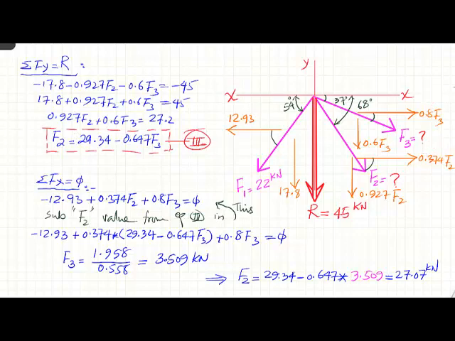As you can see in the equation, this is negative, positive, positive, and then we will substitute for the value of F2 from equation number 3 as mentioned here. The detailed calculation is in your document, you can take a look at that if you want to. So F3 will be equal to this much, and then use this value in this equation, and you get the value of this one.